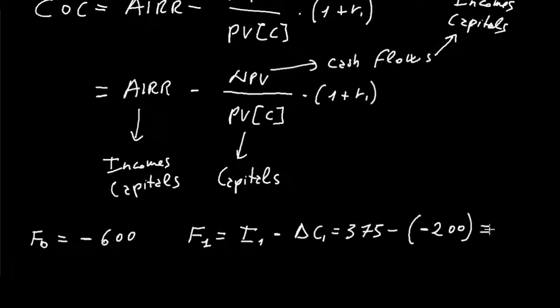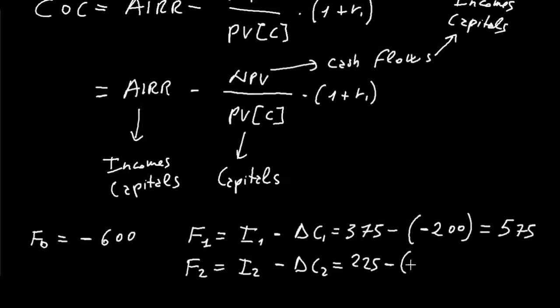So cash flow f of 1 is 575, and the cash flow f of 2 is equal to the difference between the second profit and the change in capital in the period. 225 minus the change in capital, which is minus 400. This makes 625.